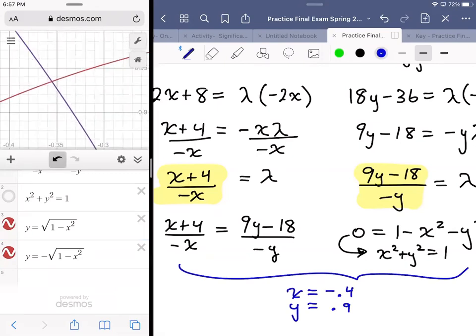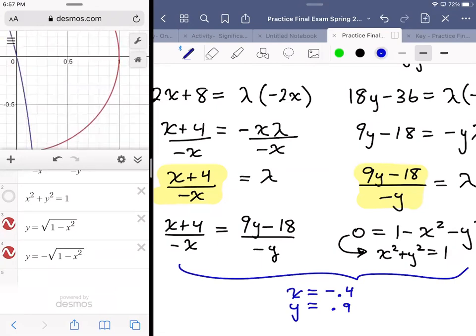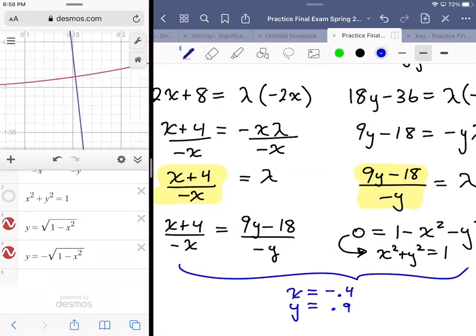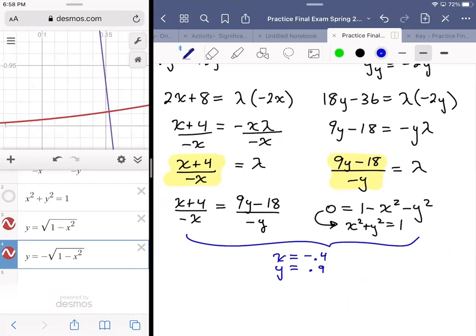And again, this is just assuming you don't want to do the algebra, which I think is a fair assumption. And the other solution, 0.2 and negative 1.